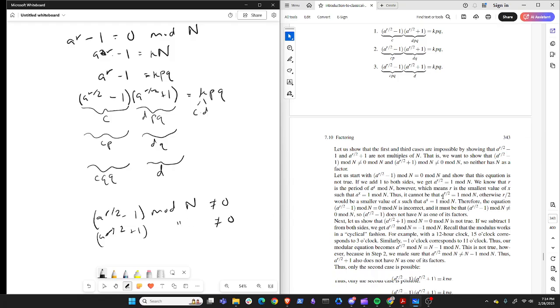And they just prove that by contradiction, by starting off assuming that they do equal.